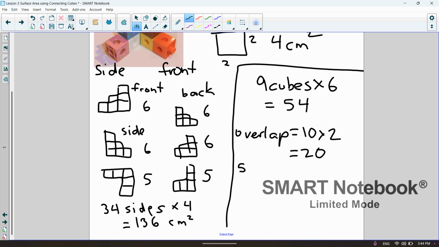And then we're going to take 54 and subtract 20 to get the answer of 34, which is the exact same answer that we got last time. Then we take that 34 sides and we multiply it by 4 to get the same answer of 136 centimeters squared. So you choose which method you like best, and that's the one that you use for answering these types of questions.